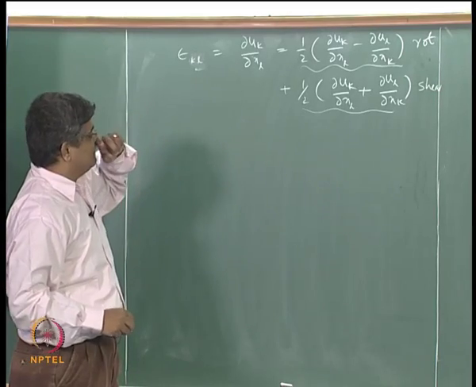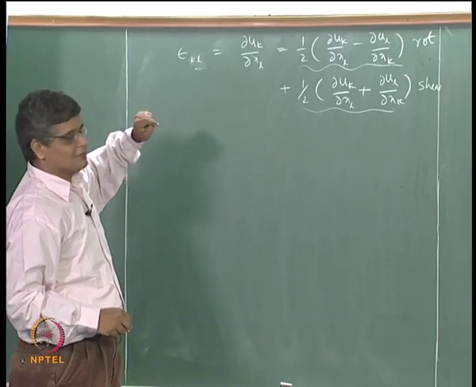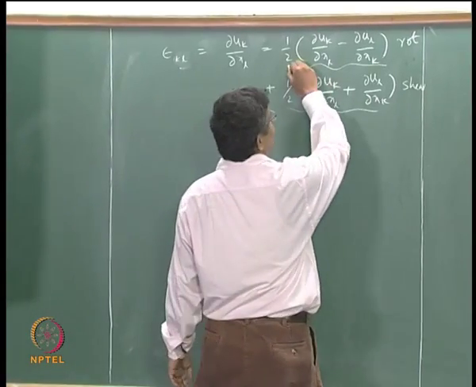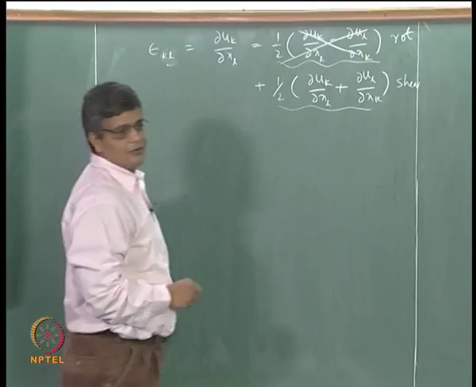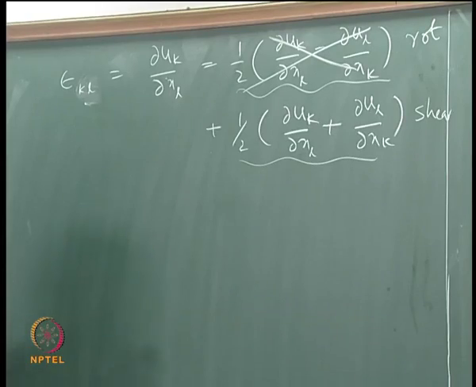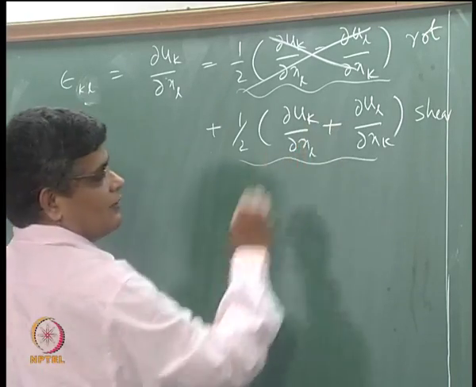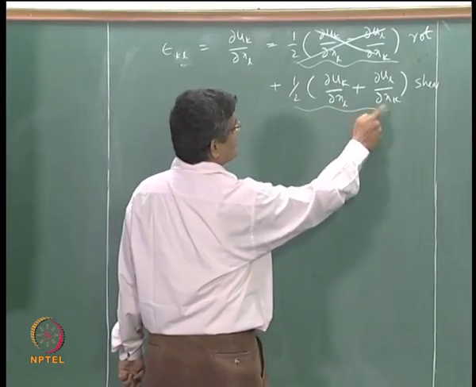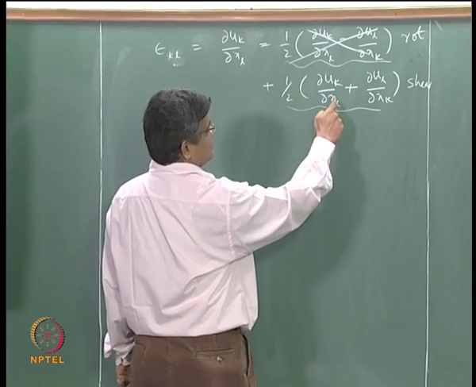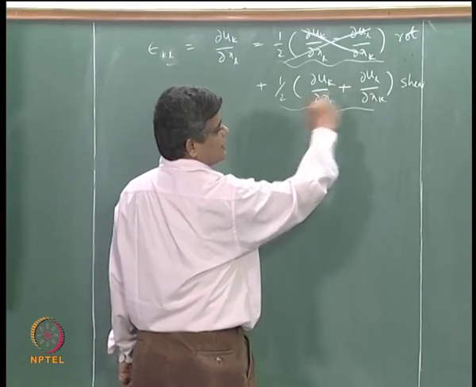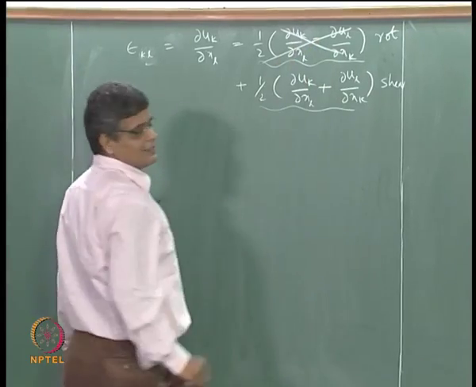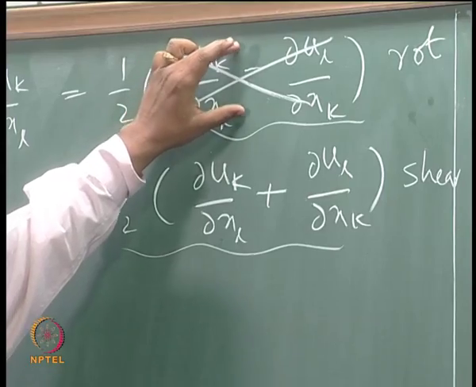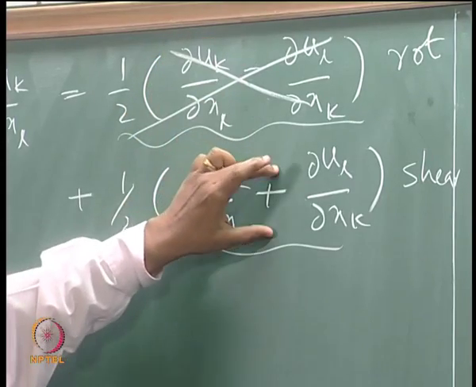Now, if we say that pure rotational strain rate does not come into the picture, it does not cause any stress, then this particular combination will not come into the picture, and only a combination like this comes into the picture, and this is symmetric. So that means that if you interchange L with K, you get the same thing, whereas here, because of the minus sign, this is antisymmetric, and this is the symmetric component.